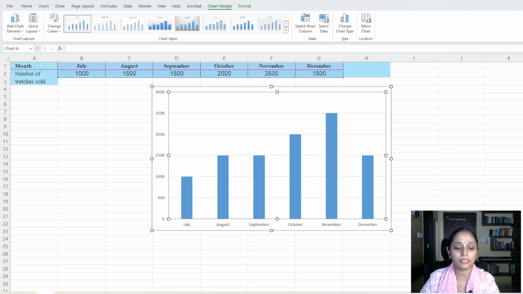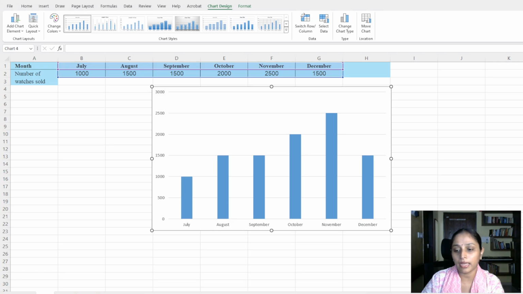For example, the sales were maximum in November. Maybe shopping usually goes up in November and so forth. There are a lot of things that you can conclude from this data. So this is about data representation in the form of a graph for your first sum. And let's look at the second one now.